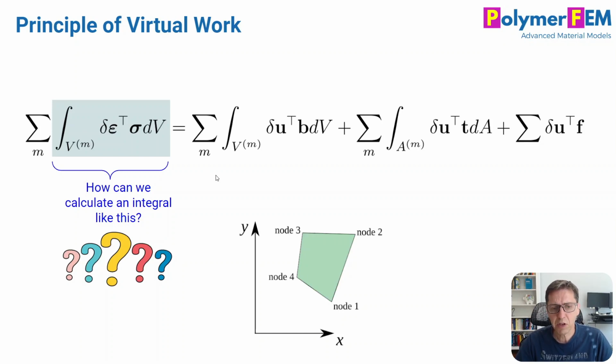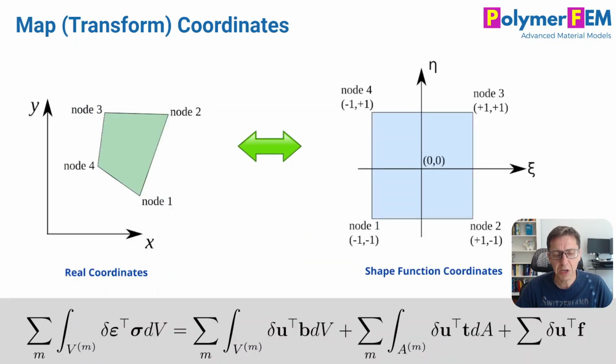After all, the elements that we're trying to calculate the integral over may have an odd shape like this: node 1, node 2, node 3, node 4 in a 4-noded element. It's not so easy to perform that integral. So the way we work through this is to introduce a transformation, a map of coordinates from the real coordinates, where the nodes are located in the real part, into shape function coordinates, or natural coordinates, for the element.